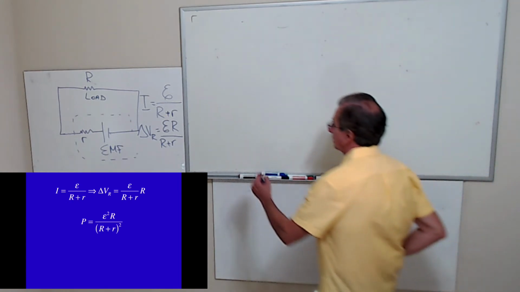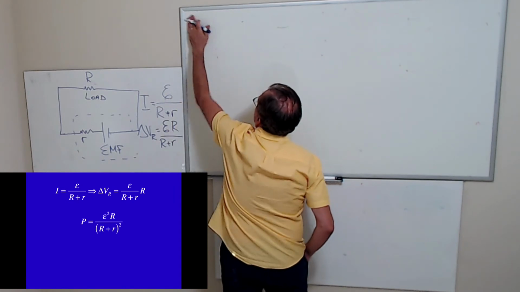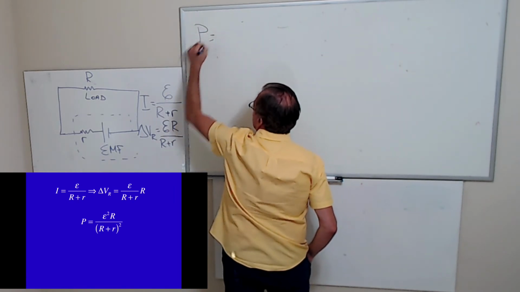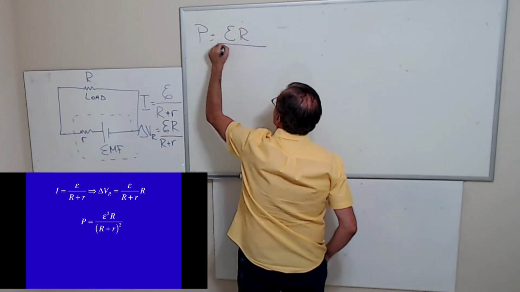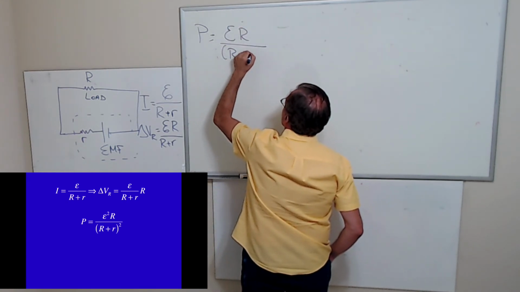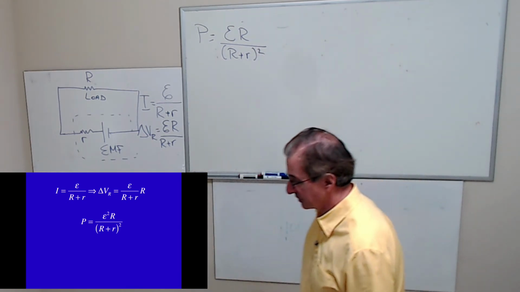So the power is going to be delta V sub R times I. If I multiply these two together, how am I going to maximize it? How do I figure out how I'm going to maximize that?